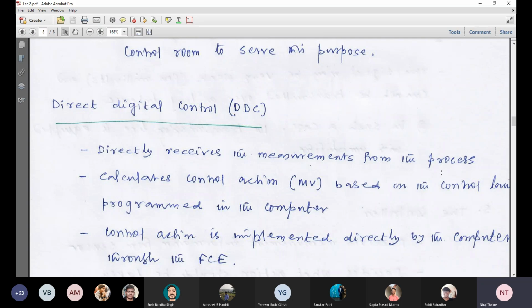We directly receive the measurements from the process by employing an online sensor. Then based on this measurement signal, we calculate control action for the manipulated variable based on the control law programmed in the computer.